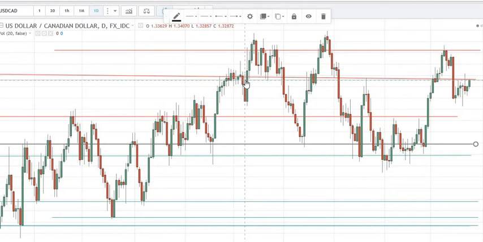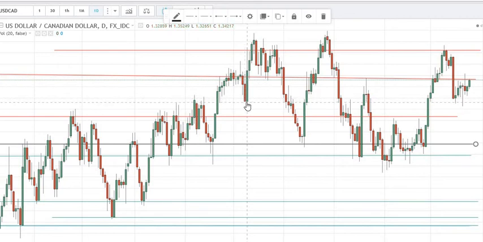Once again, today we're just keeping it simple. We're just talking about supply and demand, and support and resistance. So if we look up here, we see my little red resistance zone or supply zone, and it starts to have a sell off and comes all the way back down to here.